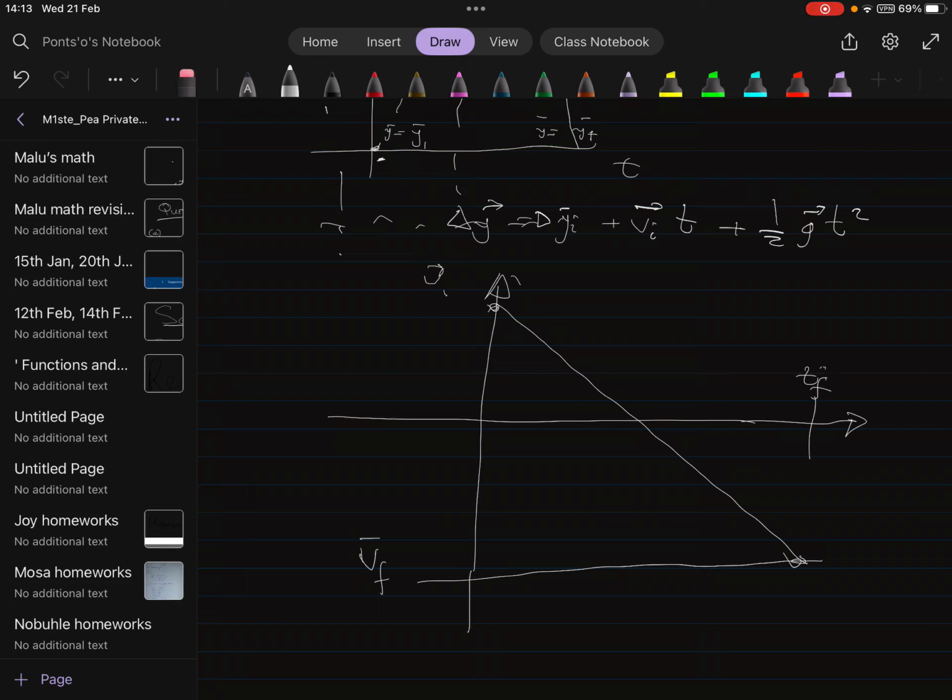And that corresponds to a final time. That's the time somewhere halfway during the motion. That is 0.